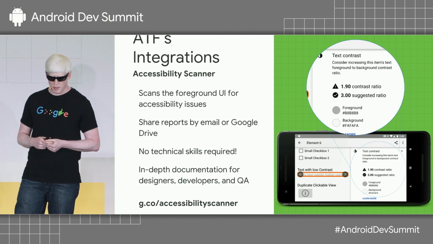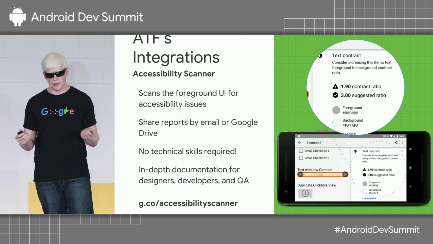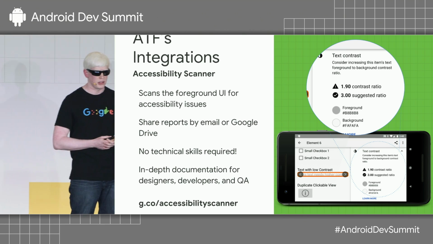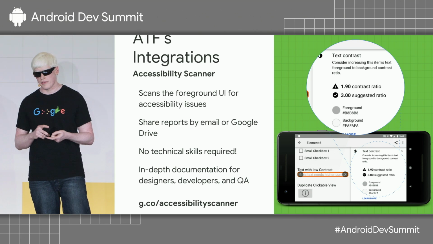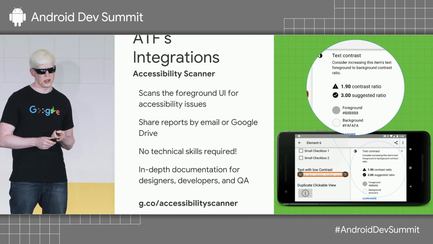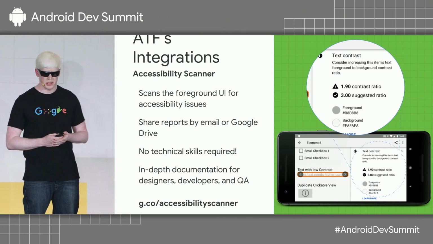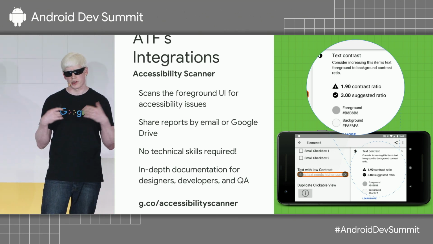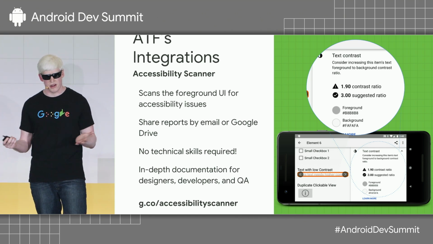It's very easy to take these reports from Accessibility Scanner and share them with your team. You can currently export to email or Drive. And it doesn't really require technical skills. You don't have to have a debug version of your application or a user debug device. You don't need to do anything special to set this up. It works on any app on any Android device running Marshmallow or later.